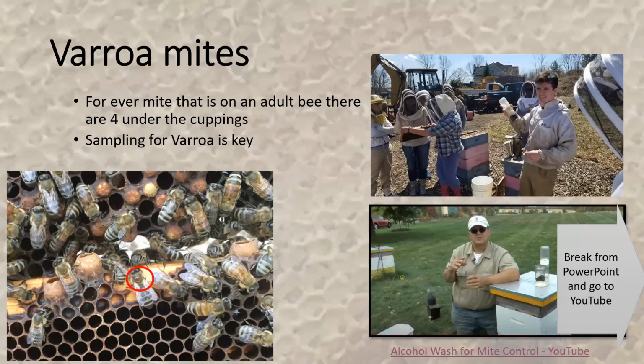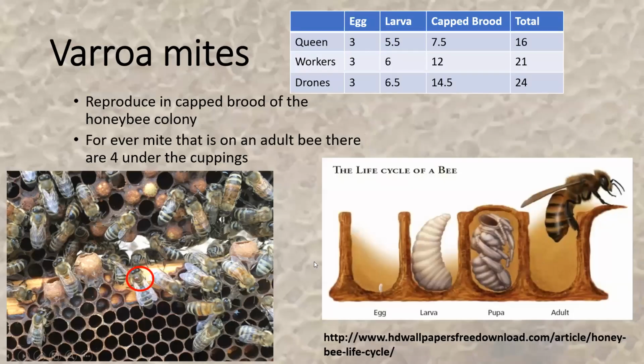So there's a couple questions here. Especially, you're killing larvae? No, you're killing adult bees, not larvae. So you want to take a frame that has predominantly open larva, open brood. This would be capped brood because there's the capping there.